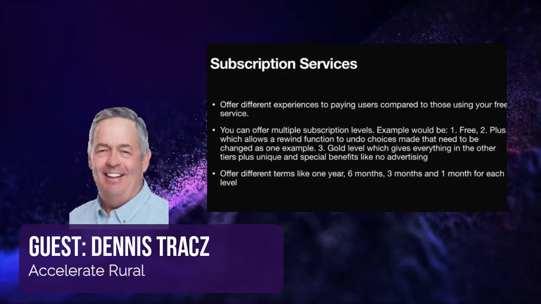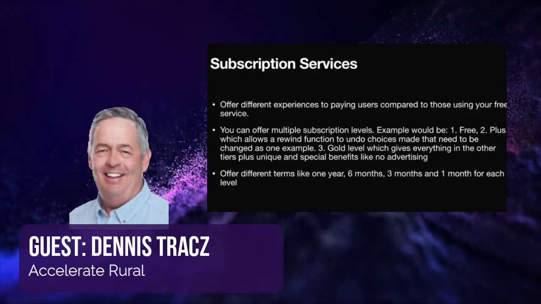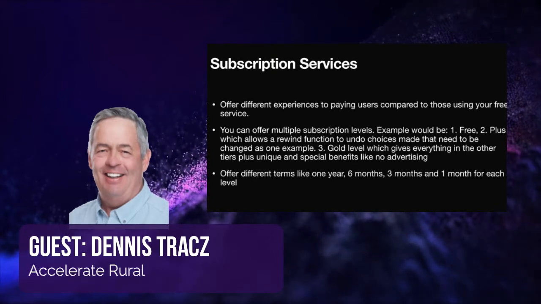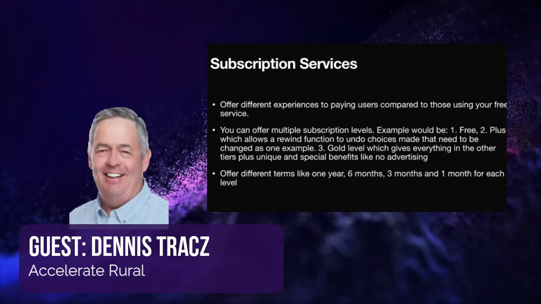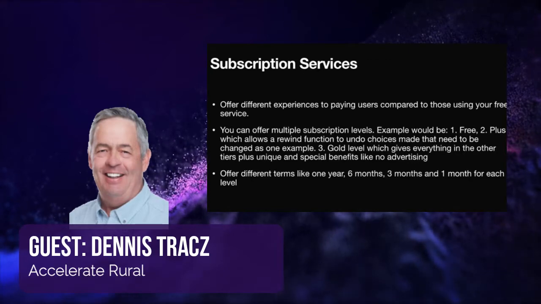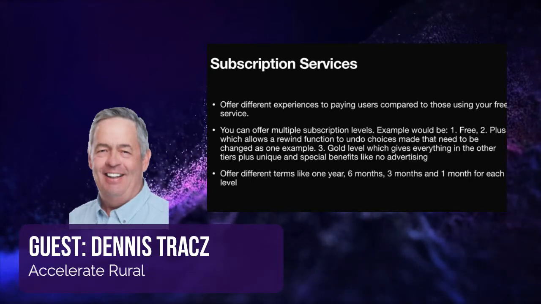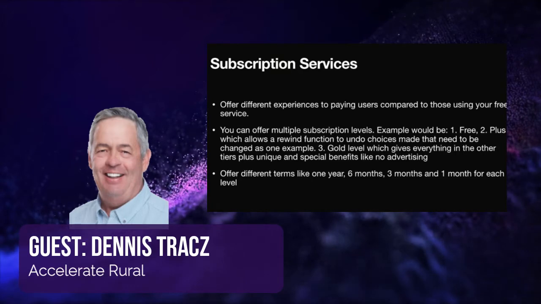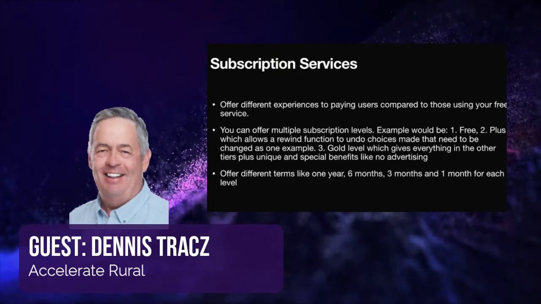Okay, the next one is subscription services. And this is where you can offer different experiences to paying users, for example, compared to those who might be using your app for free. You can offer multiple subscription levels.